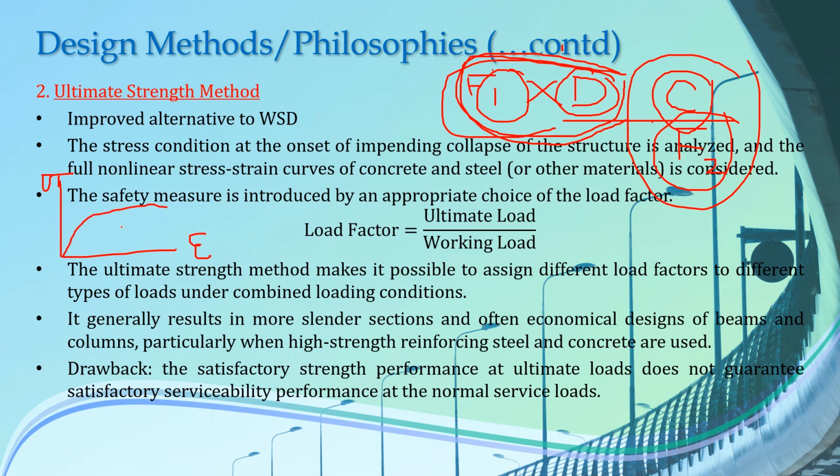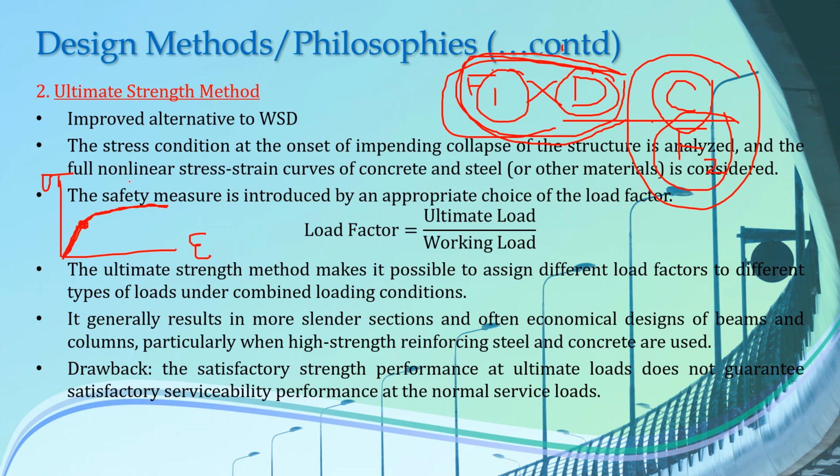If this is our stress-strain curve, then you can see that at some point here the yielding of the material begins. Till this point we see a linear elastic behavior for our material, whereas yielding starts beyond this yield point. So in our working stress method, only this straight portion was utilized. That means only the linear elastic behavior of the material was considered.